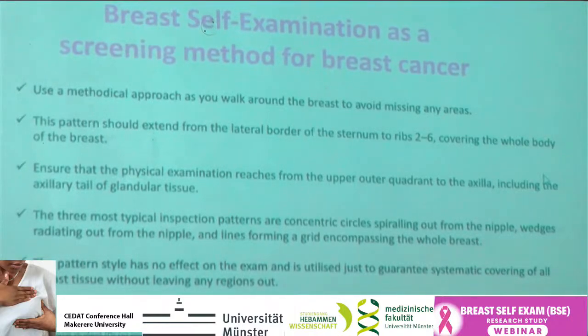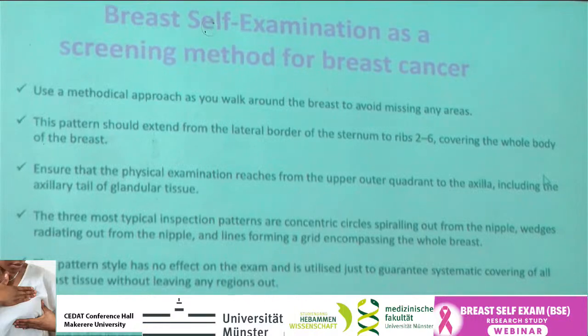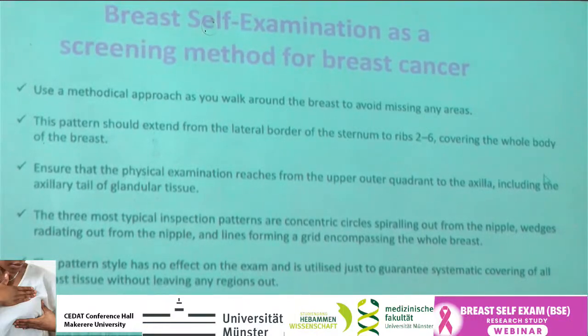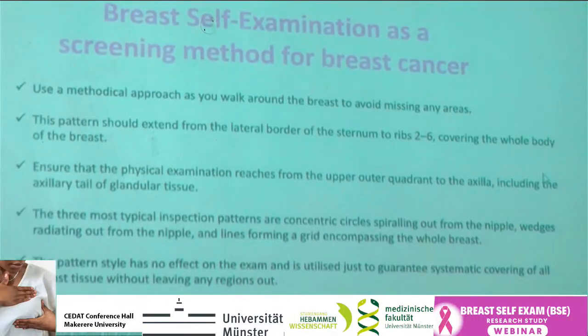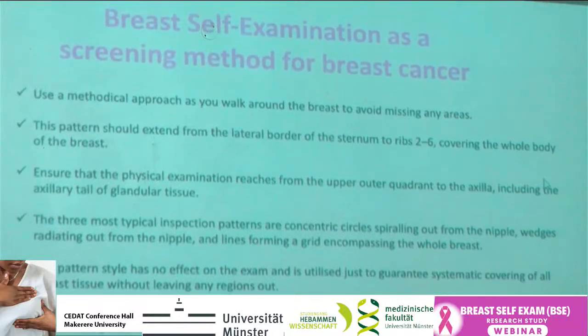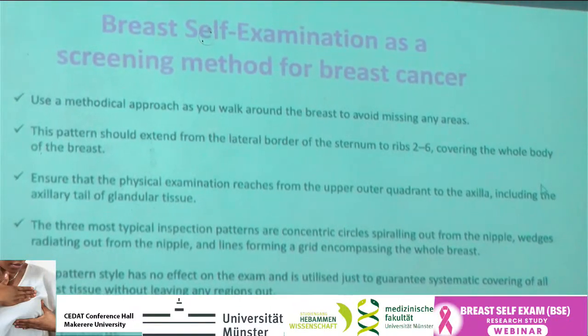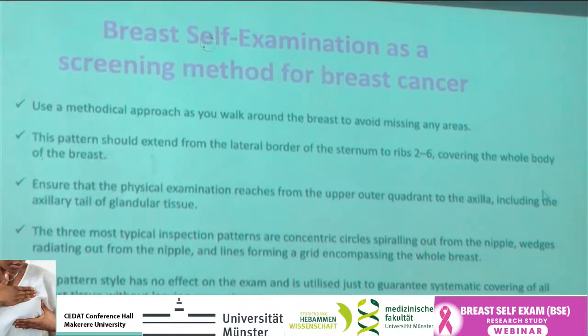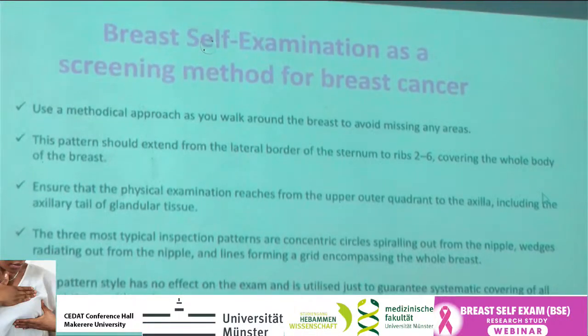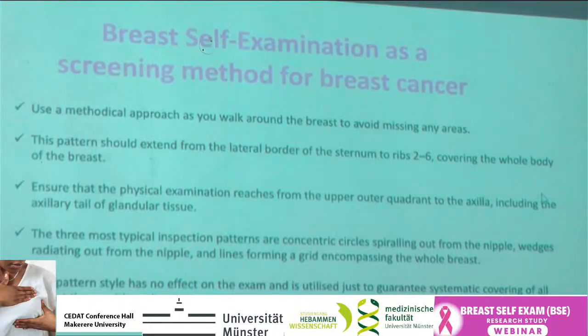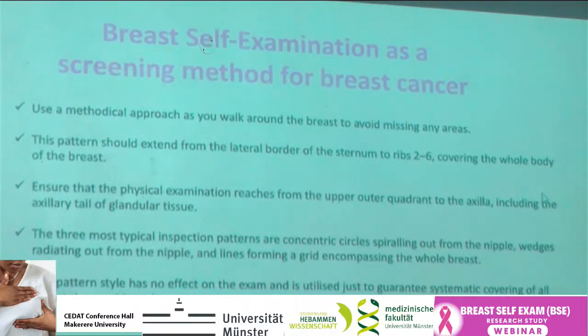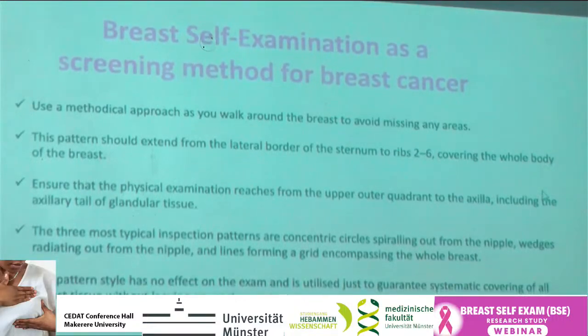The three most typical inspection patterns are concentric circles spiraling out of the nipple, wedges radiating out of the nipple, and lines forming a grid encompassing the whole breast, like we saw earlier in our photos. The pattern has no effect on the exam and is utilized just to guarantee systematic coverage of all the breast tissue without leaving any regions out.